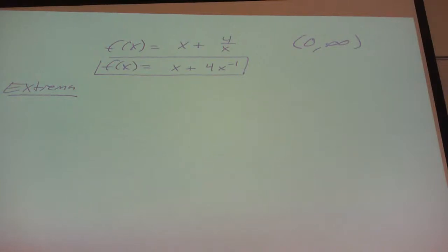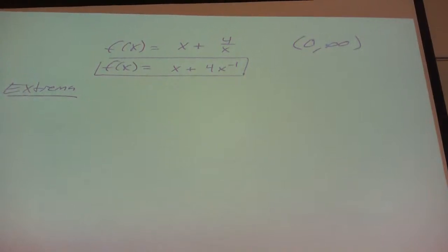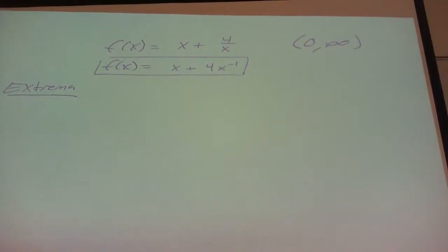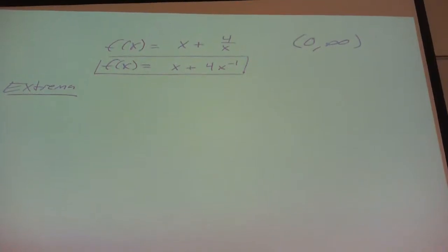I'm going to give you a couple of minutes just to get you started, and we'll go over it. But again, it goes back to derivatives, algebra, and graph. I'm worried about a whole bunch of other things.